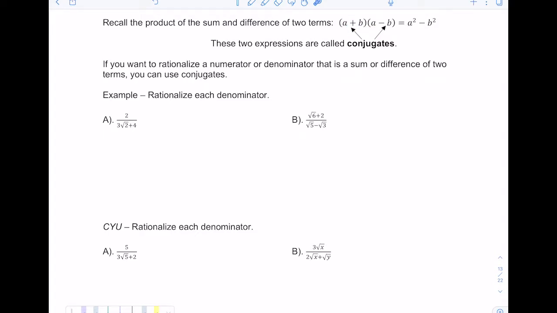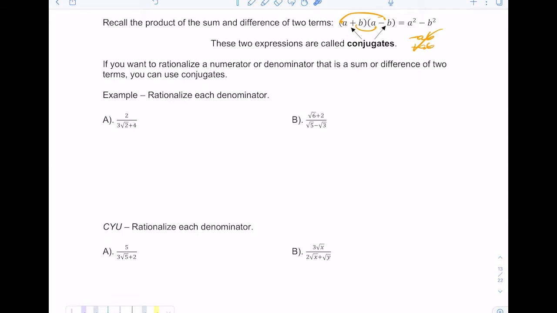And these two are called conjugates because they're opposite signs of each other, and when you multiply them, the middle terms will cancel. So if I multiply a times a, that gives you your a squared. But when you multiply the outer terms, a times negative b, you get negative ab, and then the inner terms would give you positive ab. They're going to cancel. That's why in this expression you don't see any ab's left. And then b times b gives you your b squared.